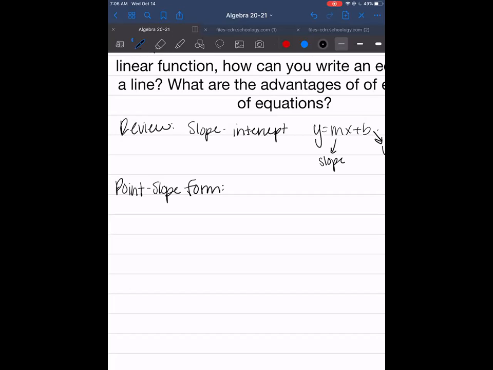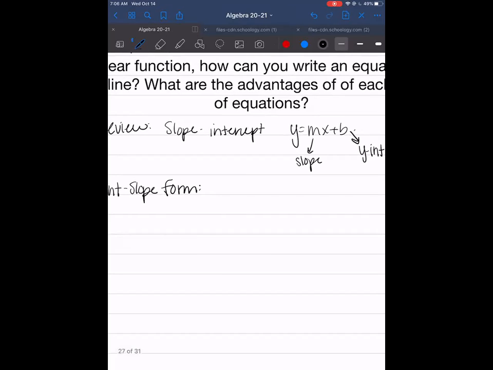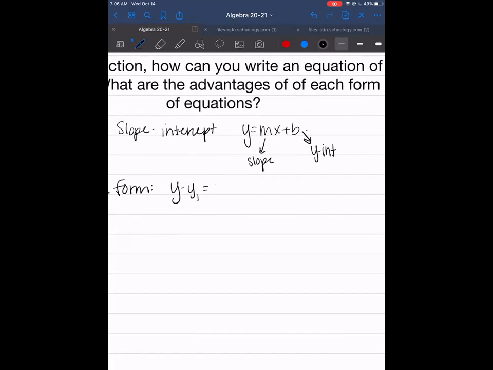We're going to need a point and a slope. But the formatting of the point slope form is y minus y1 equals m times x minus x1.